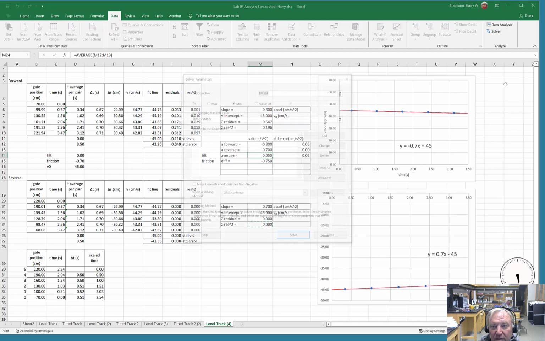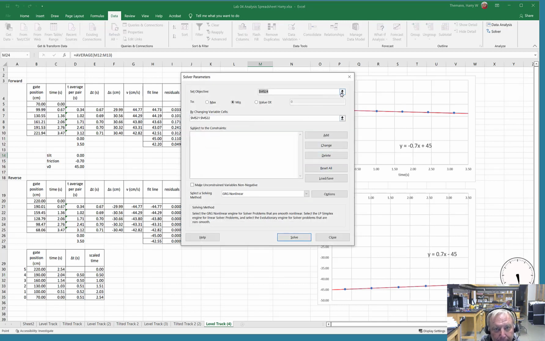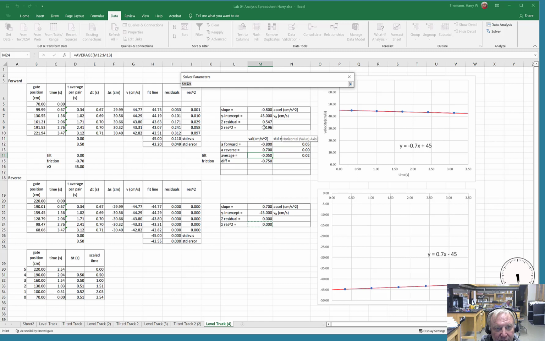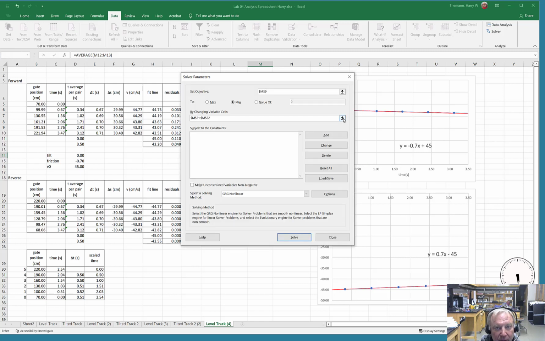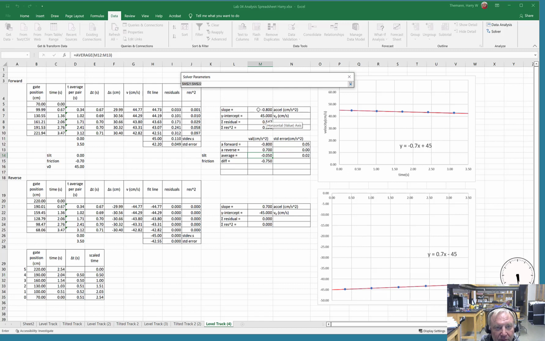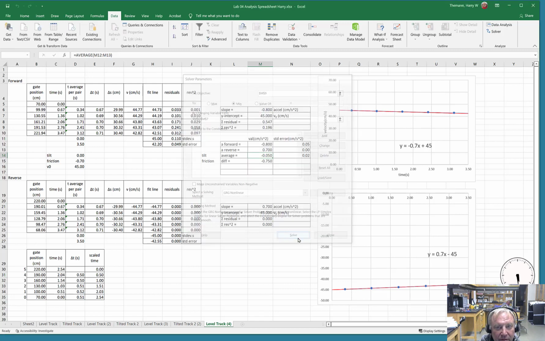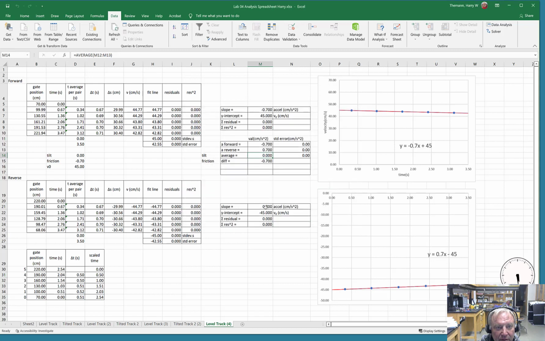And then let's do the upper one, sum of the residual squared. And now these two, slope and y-intercept, and solve. And notice now it's negative because it's slowing down once again.